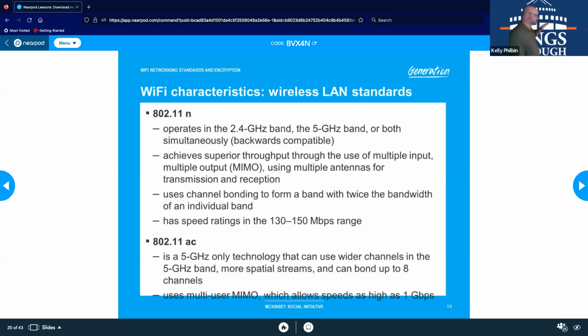Yeah, all right. So we got 802.11n. Next, we go to 802.11 AC. Speed jumps significantly again, almost by a factor of 10. So this one only operates on the 5 gigahertz bandwidth.